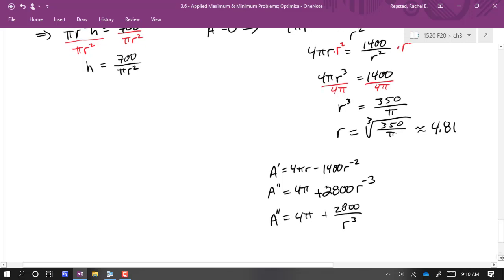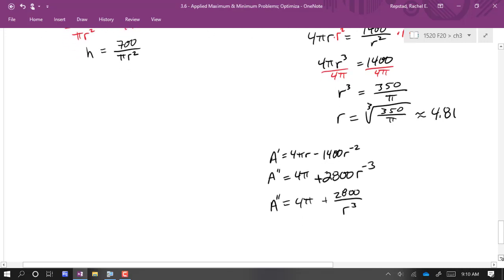So we just want to see, is the second derivative positive or negative when I plug in the critical value, 4.81. So you could certainly plug this into your calculator to verify, but we know that it's going to be positive, all right? 4.81 is positive, and that means that if I plug in 2800 over the positive of a cube, that's positive.